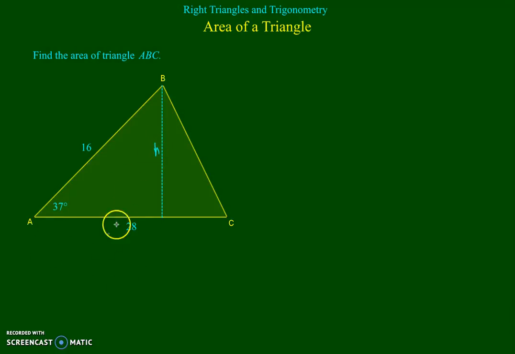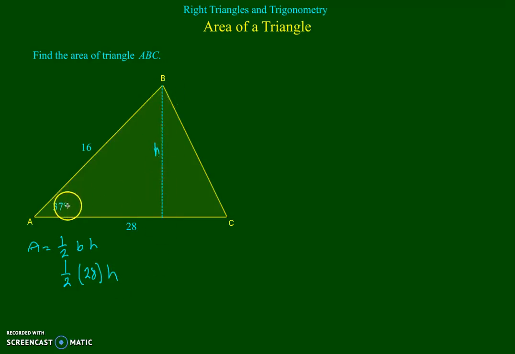And let's begin. Now again, I'm not going to memorize the formula, so I'm just saying that area is 1/2 base times height. In this case, my base is 28. So this is 1/2 times 28 times the height. Now we have to figure out what the height is.